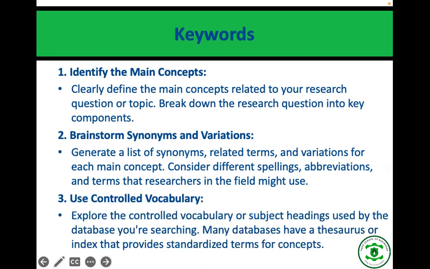Then we have to use controlled vocabulary. Explore the controlled vocabulary or subject headings used by the database you are searching. While you are searching, on the sidebar, you will see they have also identified some keywords in the database. For instance, the information systems people use a particular library, the AIS library.